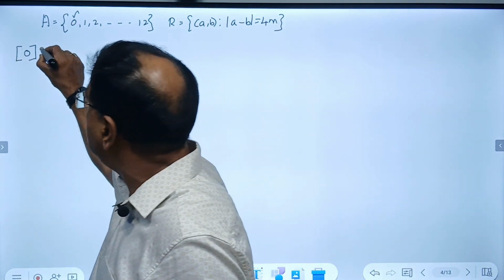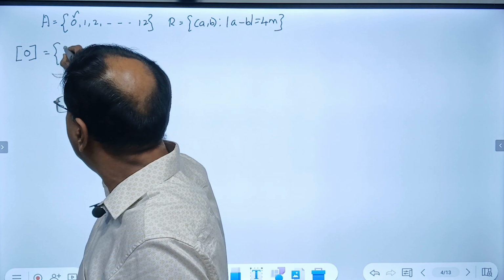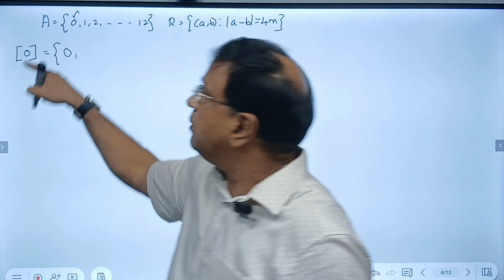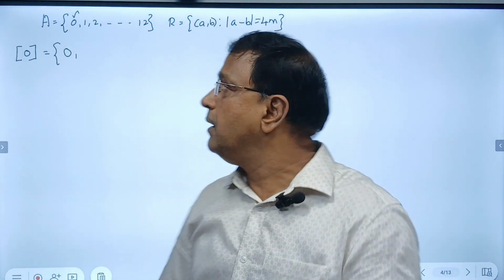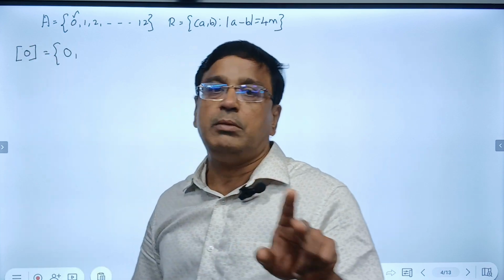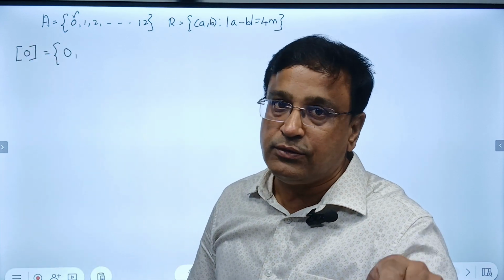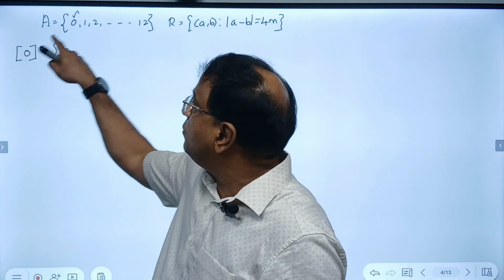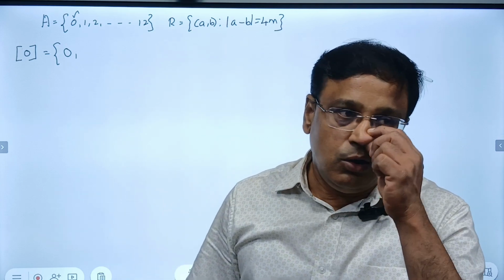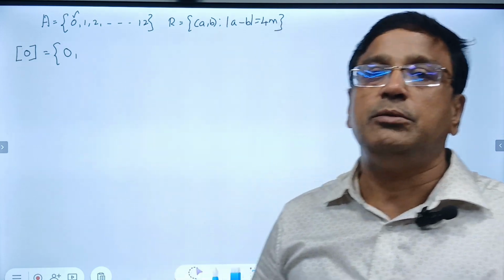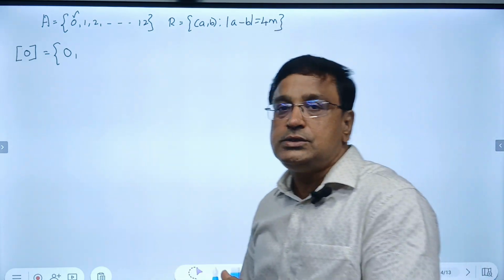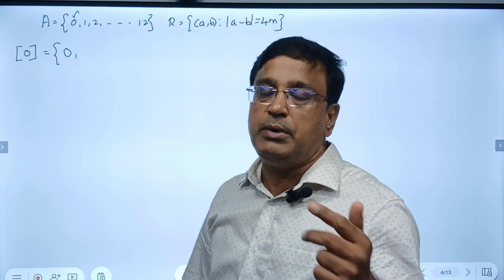So obviously this will have 0. You cannot have 1 because 1 minus 0 is not a multiple of 4. It can't be 2. 2 minus 0 or 0 minus 2 cannot be a multiple of 4. 3 minus 0 or 0 minus 3 cannot be a multiple of 4.